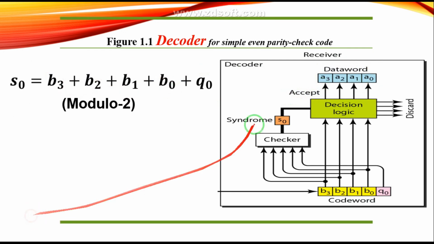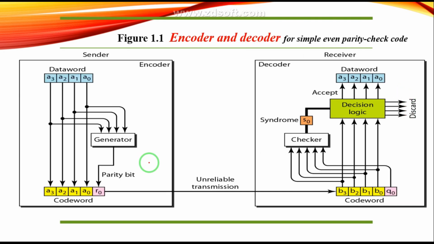But if the syndrome value is 1, then the data portion of the received code word is discarded. So the data word is not created. So this is the encoder and the decoder that we understood.